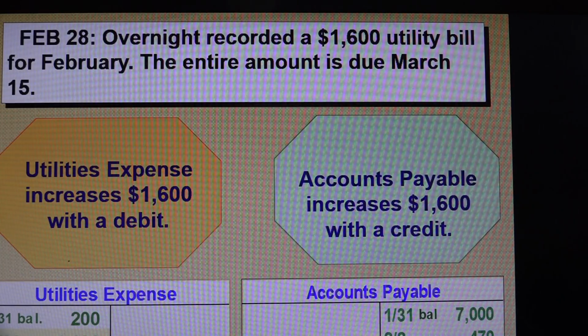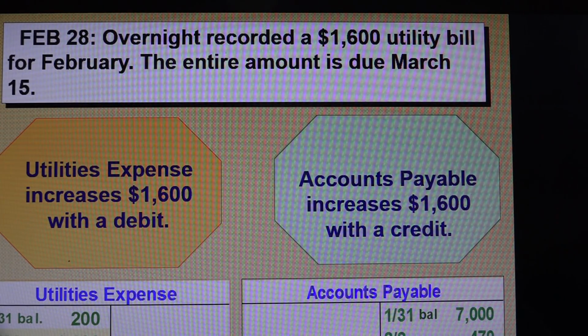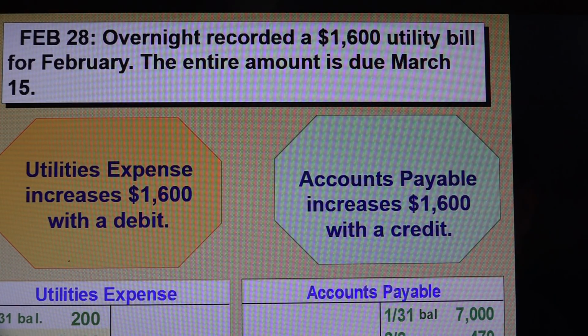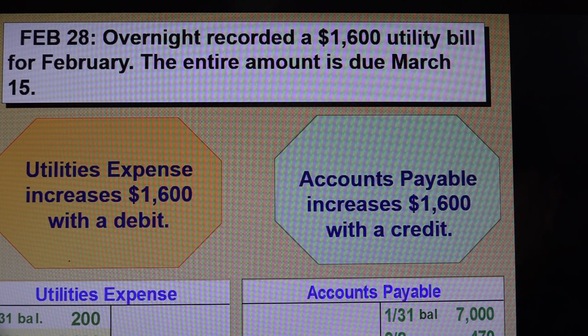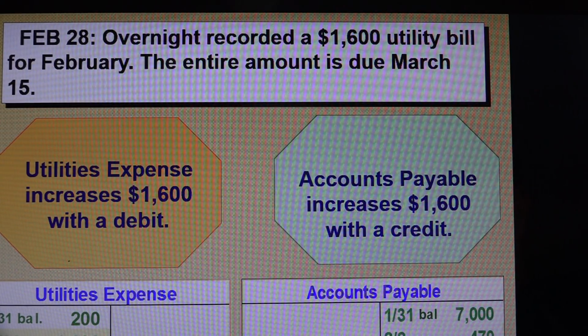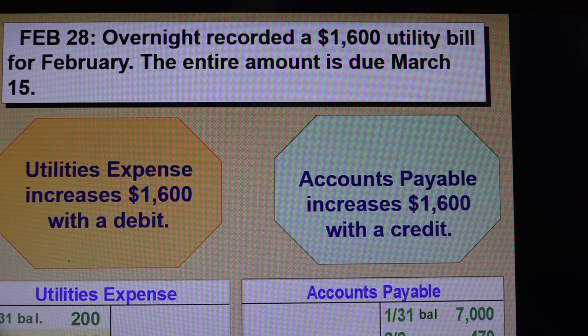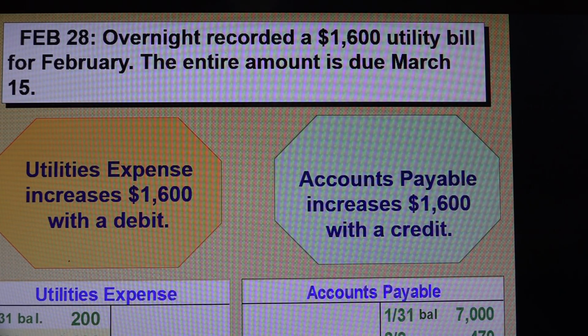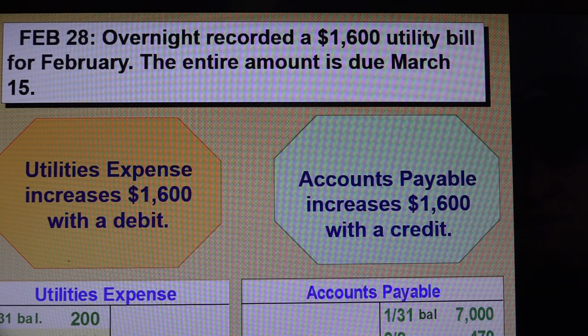And then we record a $1,600 utility bill for February. And even though we're not going to pay it until March, we incurred the expense in February. So we record utilities expense for February of $1,600. And of course, since it's not being paid till March, we credit accounts payable for $1,600.